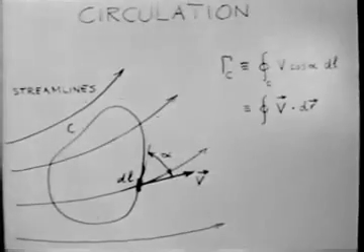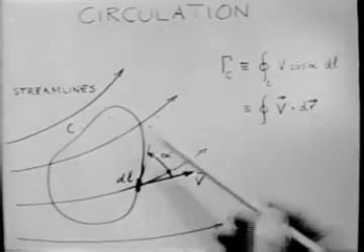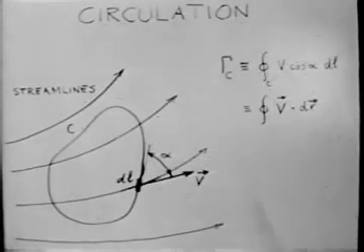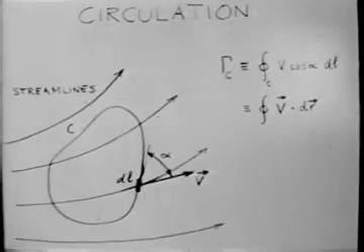Now we come to a new idea, the circulation. Remember that the circulation gamma around any closed curve C is defined as the line integral of the velocity v around the curve.